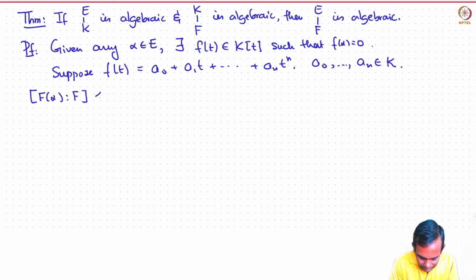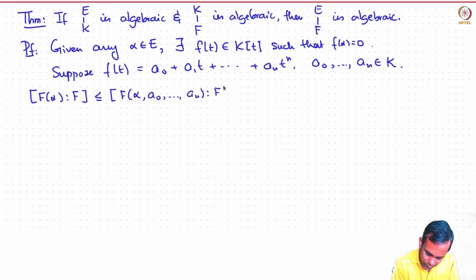Now, surely this degree cannot be more than the degree of F(α, a_0, ..., a_n) over F, because this is a possibly larger field than F(α). Surely it contains the field F(α).